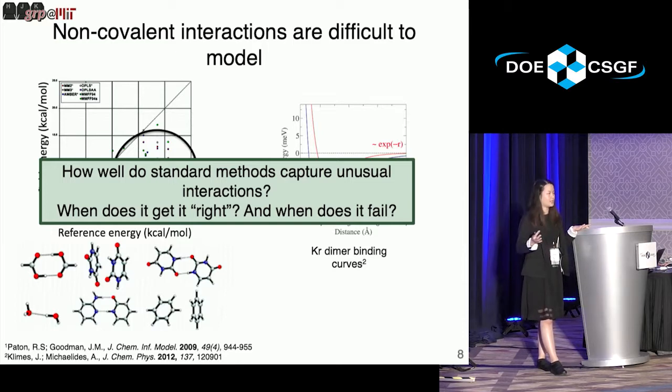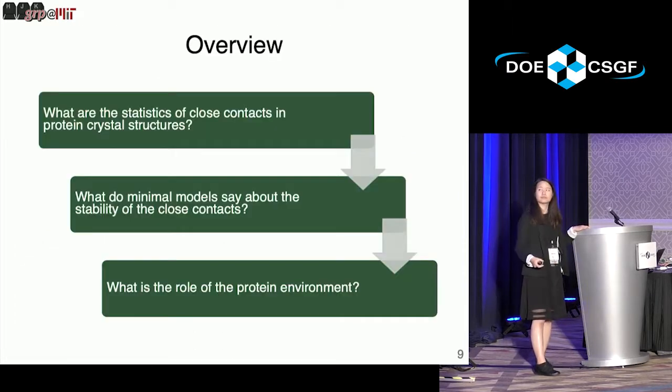One of the questions that I would like to answer in my research is, how well do standard methods capture unusual interactions? When do they get it right, and when do they fail? The overall structure of this project is, first, we're going to curate a data set of high-quality structures so that if we see an unusual interaction, like a close contact, in this data set, we believe it more.